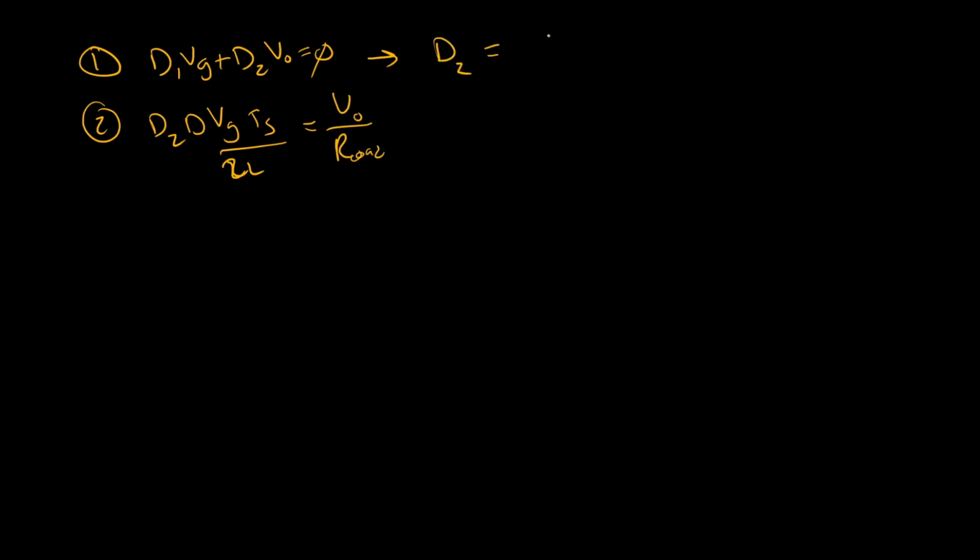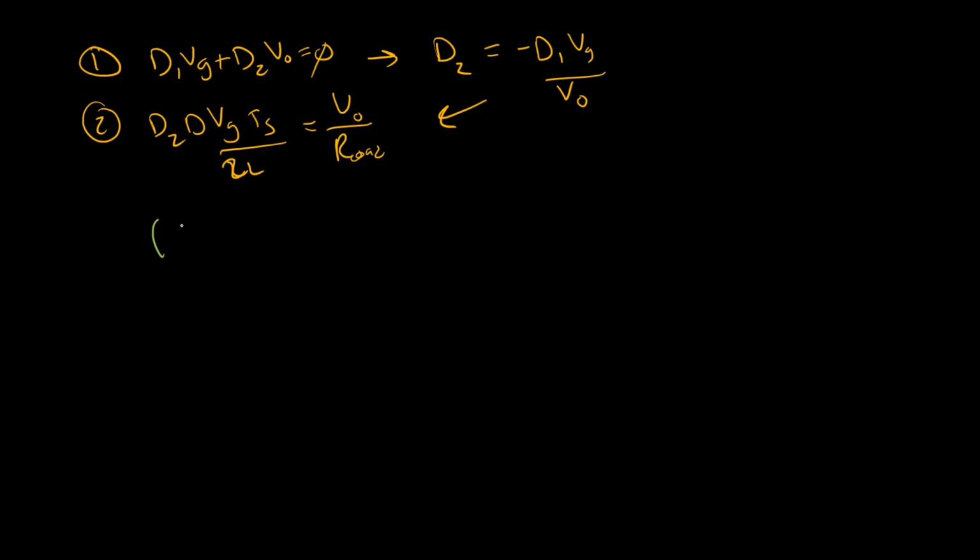D2 is equal to minus D1 VG over V out. So let's just sub that in. We can stick this directly in here. Let's use a different color.